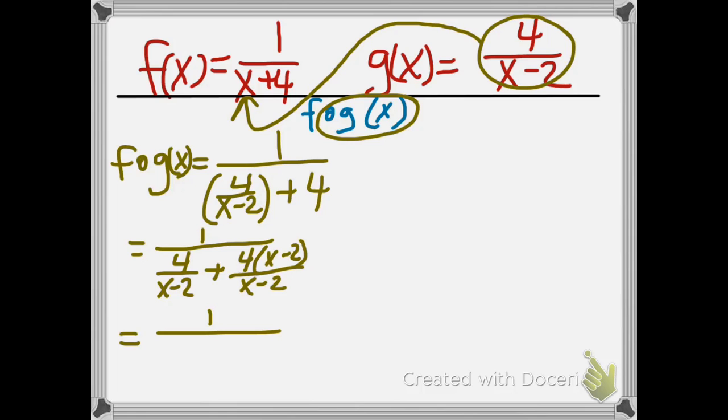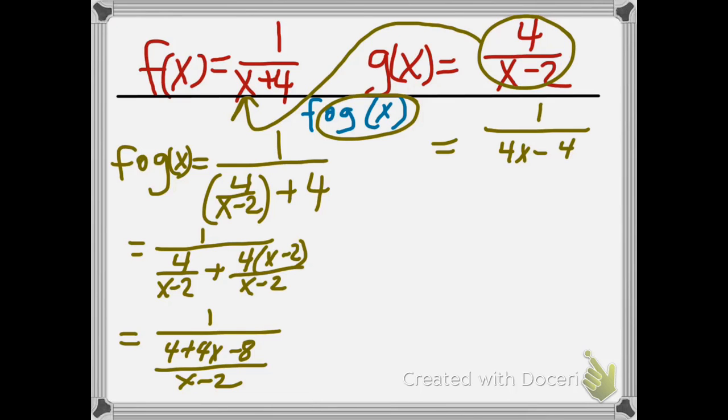This is 4 plus 4x minus 8 all over x minus 2. I'm getting closer. I'm going to do it over here. Turns out to be 1 over 4x minus 4 all over x minus 2.